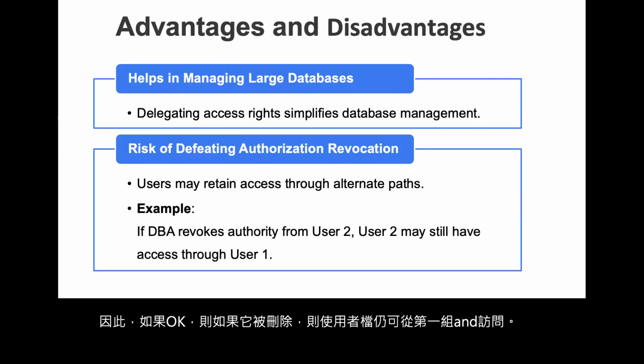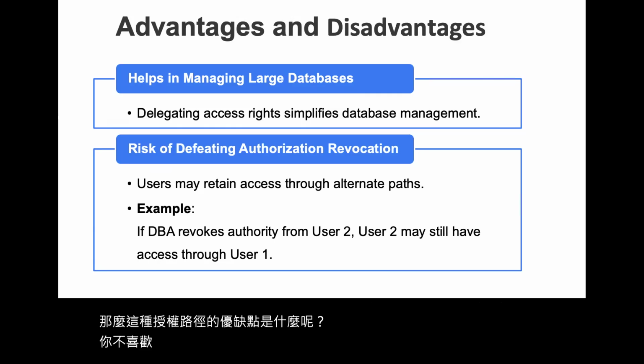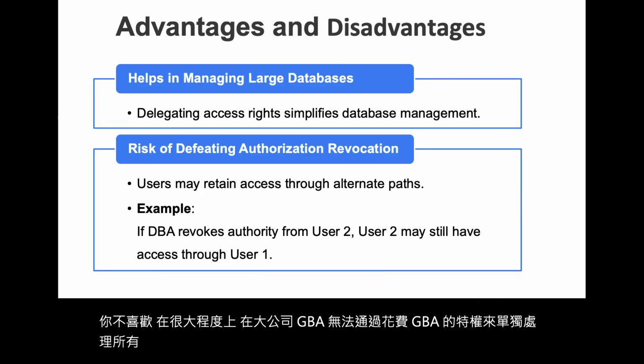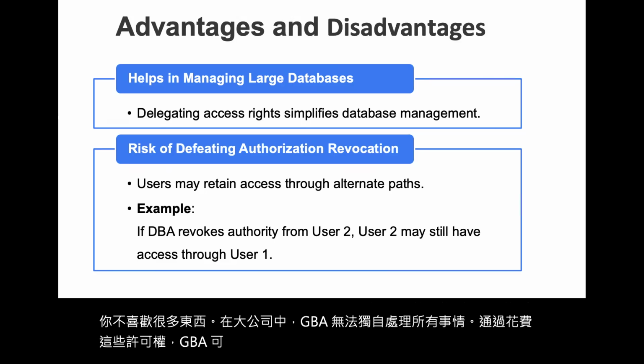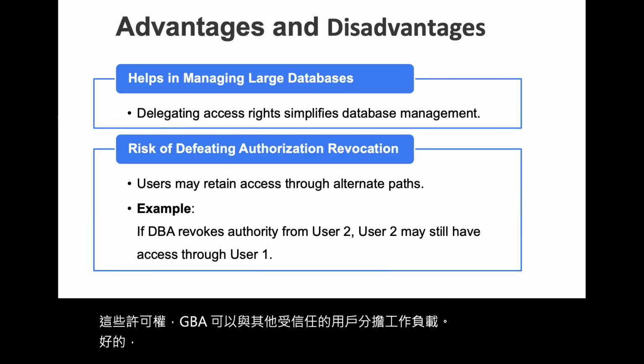So what are the advantages and disadvantages of this kind of authorization path? Like in a large company, the DBA cannot handle everything alone. By granting the privileges, the DBA can share the workload with other trusted users. For example, the DBA might give a department manager access to certain data, and then the manager can share the access with their team.